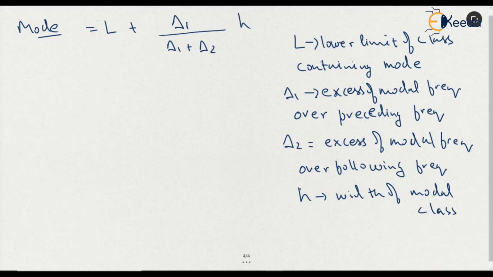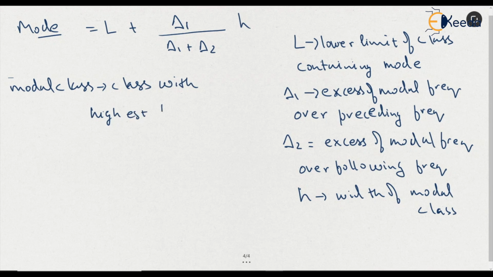So what is this modal class? Modal class is the class which has the highest frequency. If you want, you can write it: modal class, the class with highest frequency. And similarly, if you want, you can write the median class also.